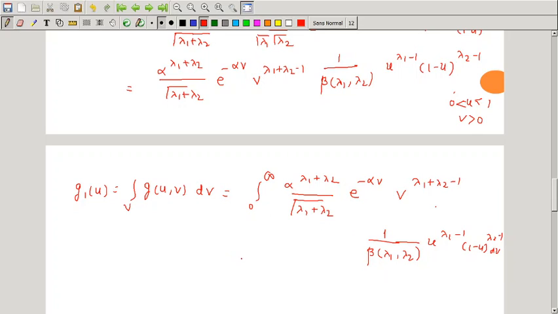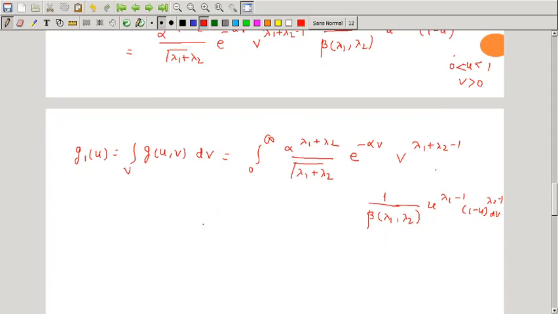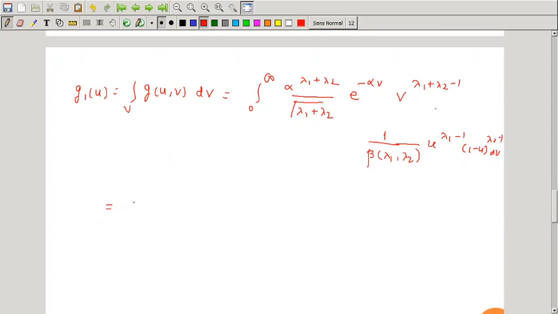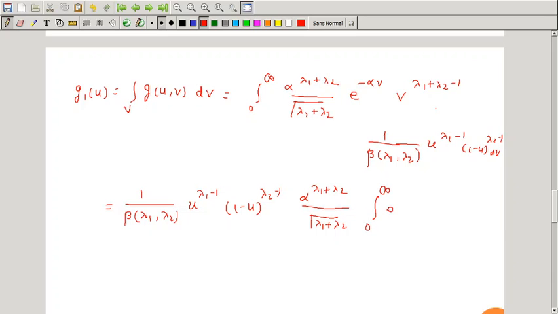So I have taken the terms which are independent of v outside the integral sign. That is 1 upon beta lambda 1, lambda 2, u raised to lambda 1 minus 1, 1 minus u raised to lambda 2 minus 1, alpha raised to lambda 1 plus lambda 2 upon gamma lambda 1 plus lambda 2, times the integration over 0 to infinity of e raised to minus alpha v, v raised to lambda 1 plus lambda 2 minus 1 dv.